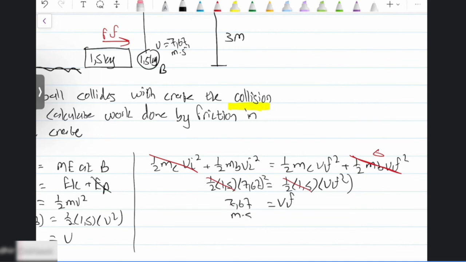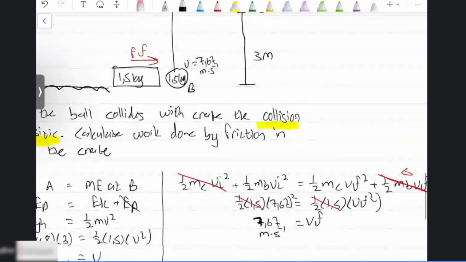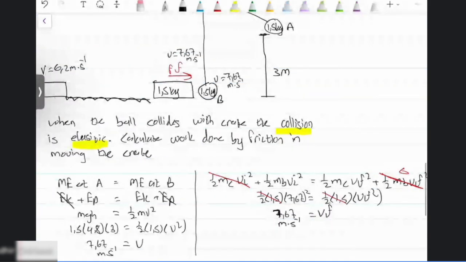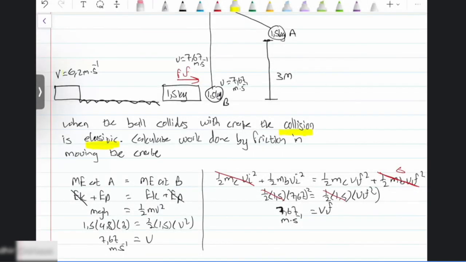So what we're saying is that this 1.5 crate goes off at 7.67 meters per second.